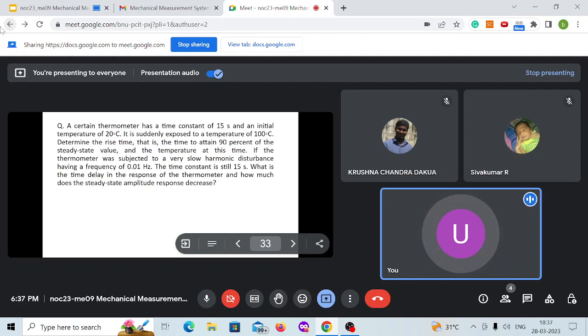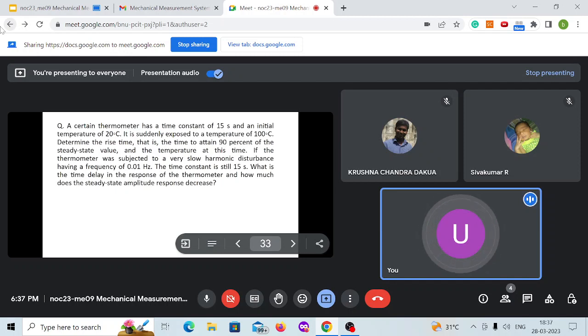Determine the rise time, that is the time to attain 90% of the steady state value. Steady state value is 100 degrees, and what will be the temperature at that time?